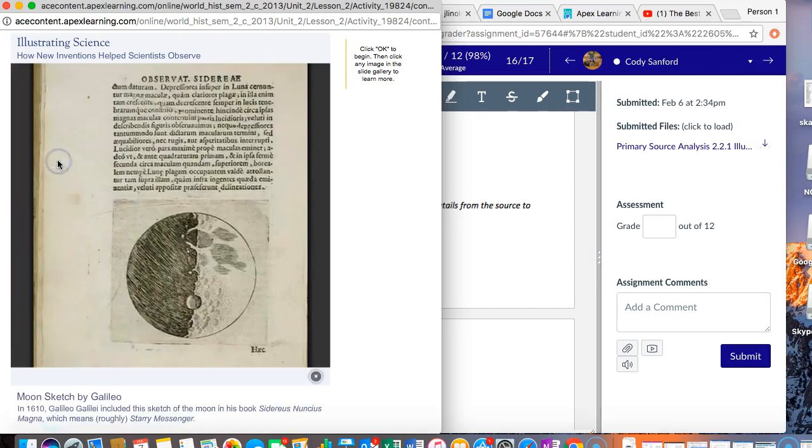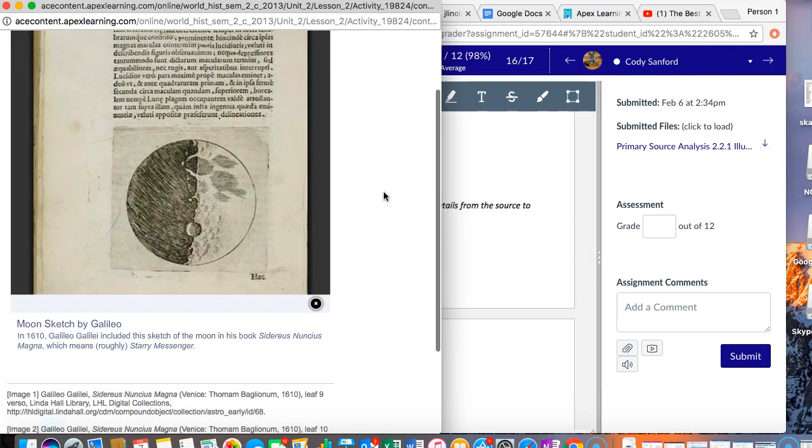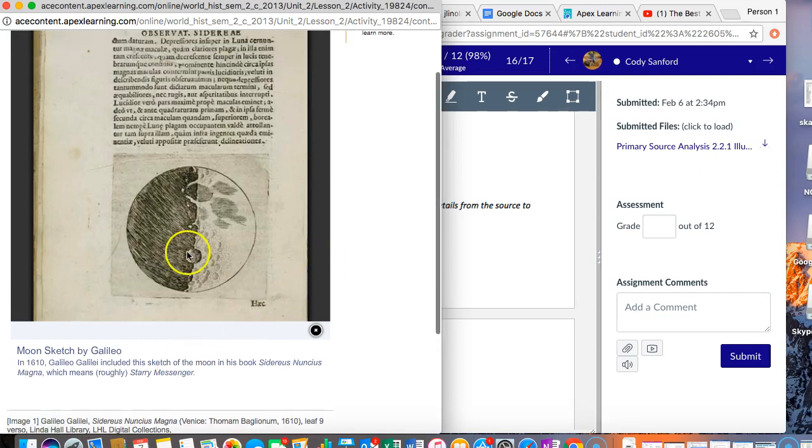So you could click on, say, this first picture, and you could use examples about the craters of the moon and connect that to how we understand the moon and what it does now.